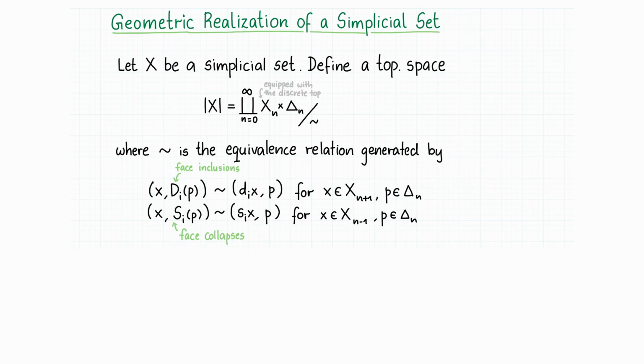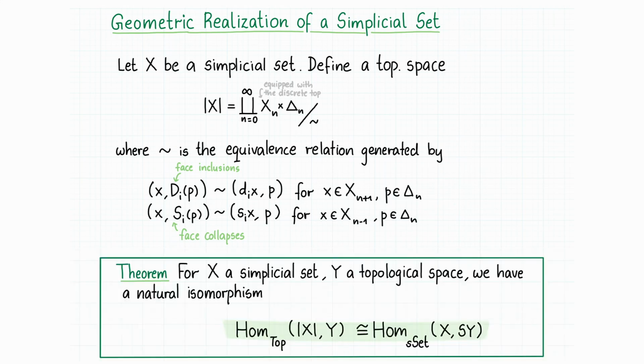And as claimed before, it also gives an adjoint for the total singular complex functor from the category of topological spaces to simplicial sets.